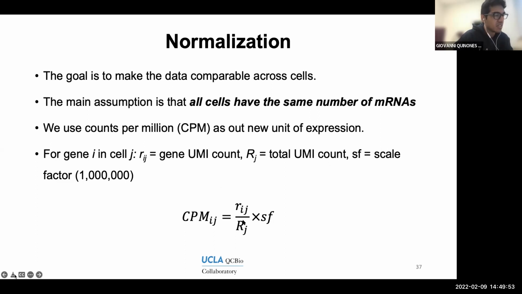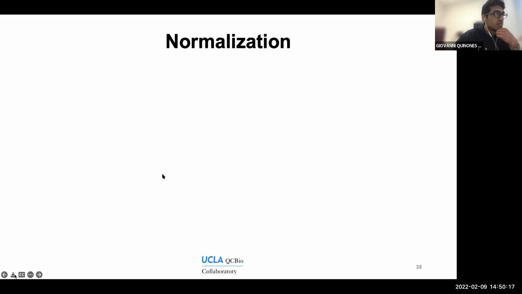So here we're obtaining our proportion, and then we're multiplying this by some scale factor. The scale factor is really just to bring the data to a scale that we're comfortable working with. For CPM, the scale factor would be 1 million, but you can also use a different number.